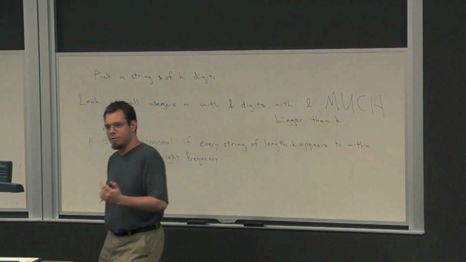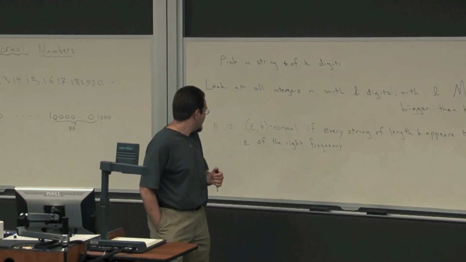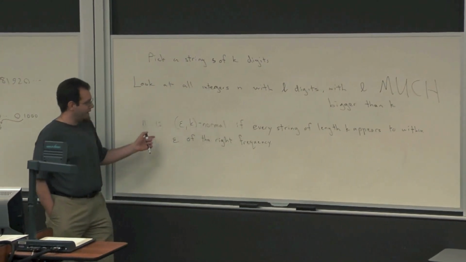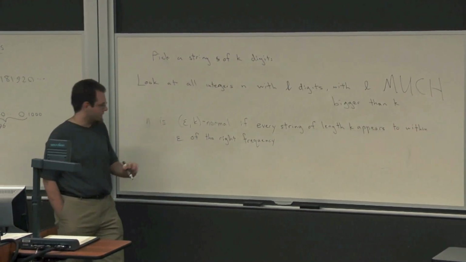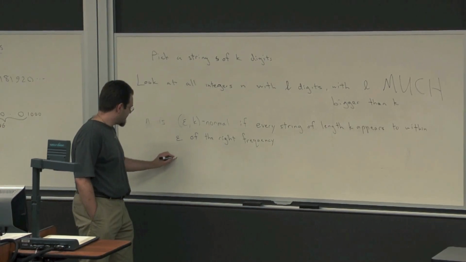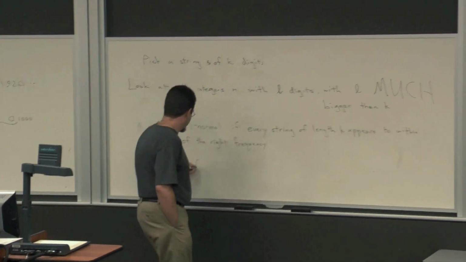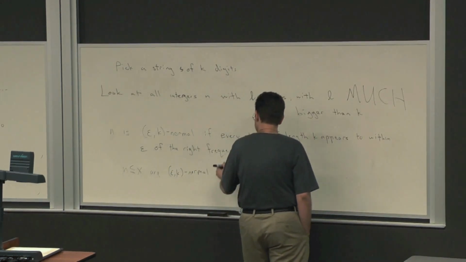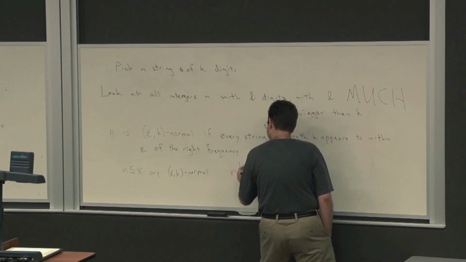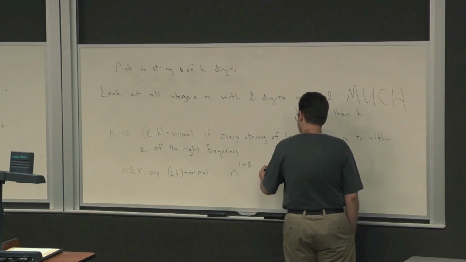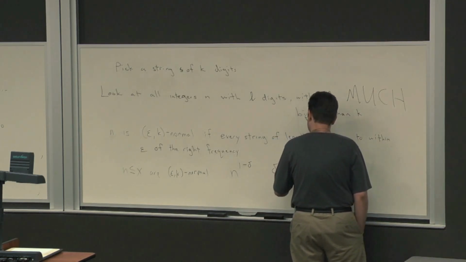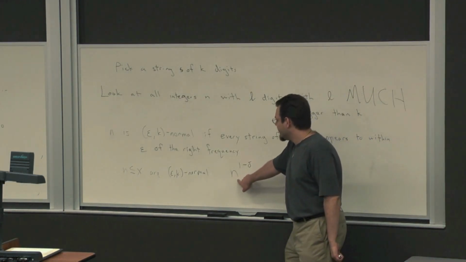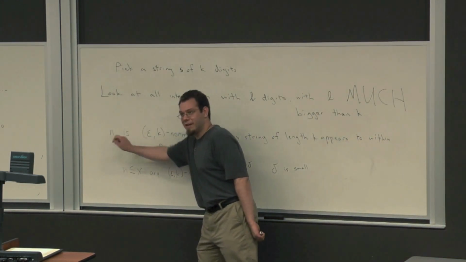And then the way that the proofs usually go is to say, well, if you fix epsilon and k, and you ask, okay, how many n are epsilon-k normal? Like, let's say, how many n up to x are epsilon-k normal? Well, it turns out the answer is x to the 1 minus delta, where delta is potentially small, based on epsilon and k. But notice that this is much, much, much smaller than this once x gets really, really big.